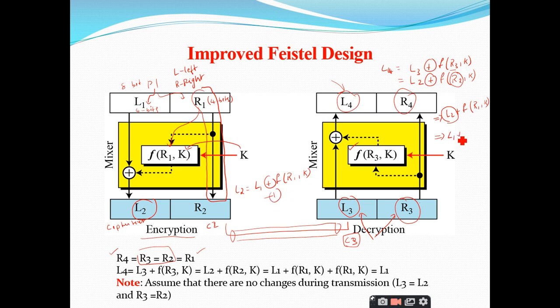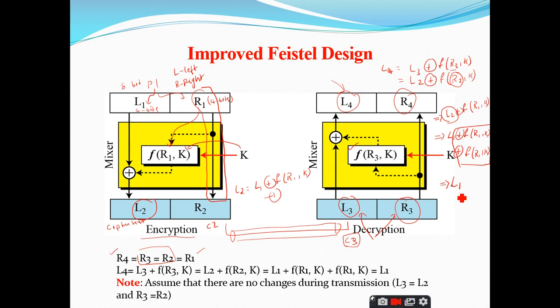I will get L1 exclusive OR f of R1 comma K exclusive OR f of R1 comma K. So these are the exclusive OR operations, and finally you will get L1.